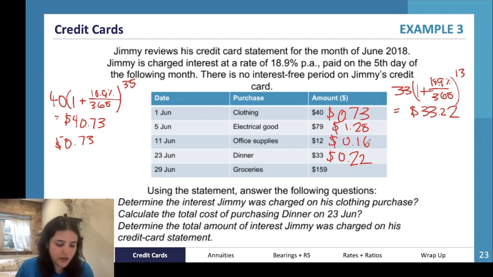And our last one is $159 on the 29th. So 159 brackets 1 plus 18.9% over 365. And our number of days is just the 29th, 30th, 1st, 2nd, 3rd, 4th, 5th. So it's 7 days, and it is 58 cents. We then just add those 5 numbers together.